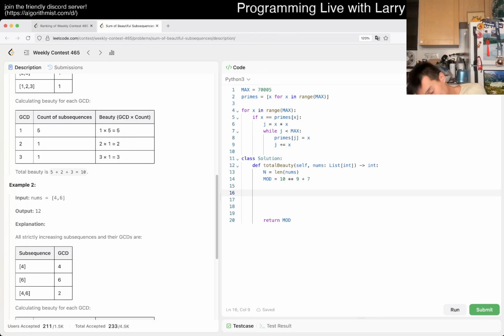Can you do number of primes? I guess number of primes is a lot less. Can you do inclusion, exclusion? Actually, right, I guess I could Google that. Was it 70,000? What number has the most prime factors?